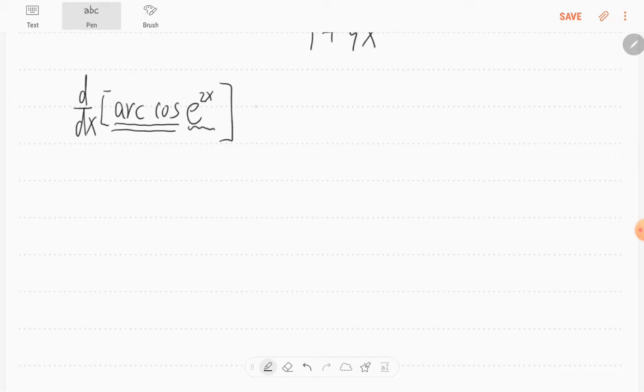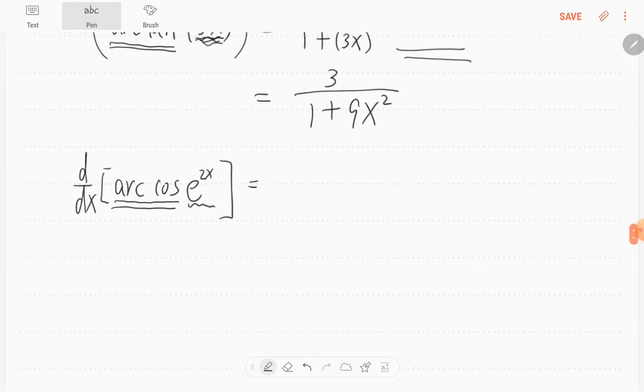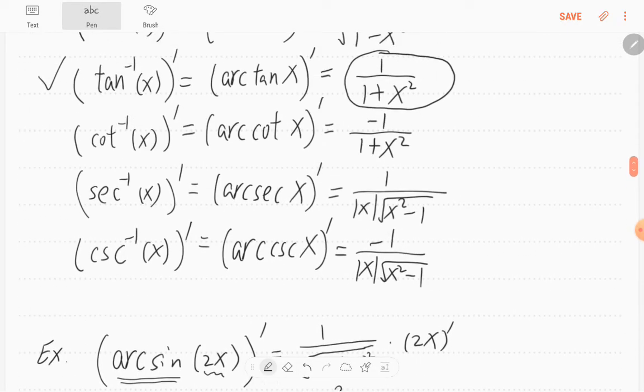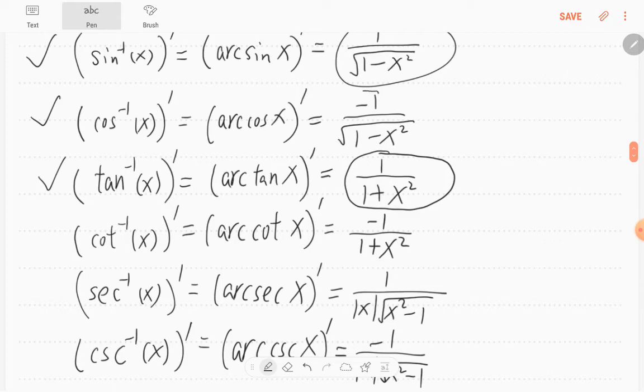The derivative is the derivative of the outside function with the inside function plugged in. The derivative of arc cosine is negative 1 over square root of 1 minus x squared.